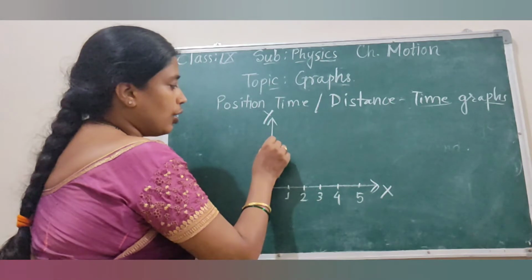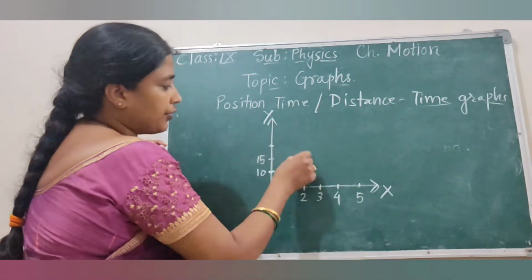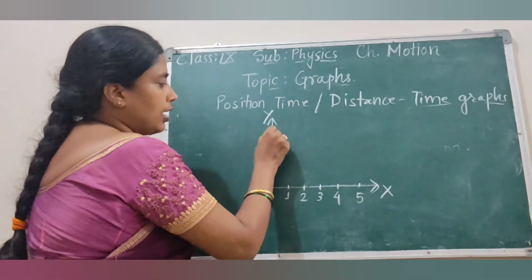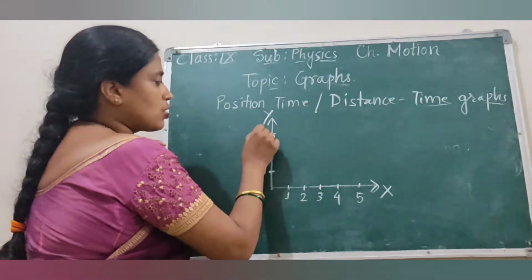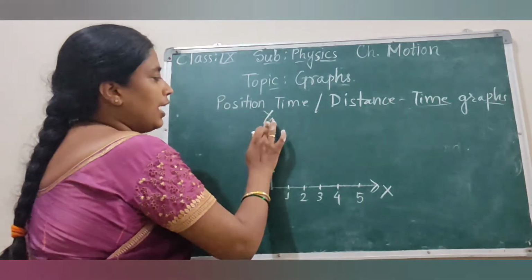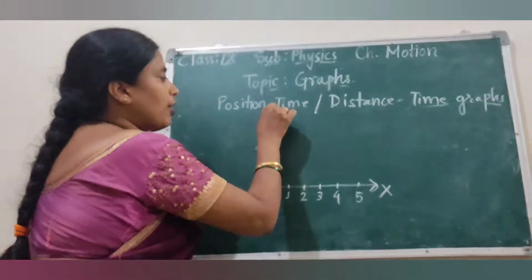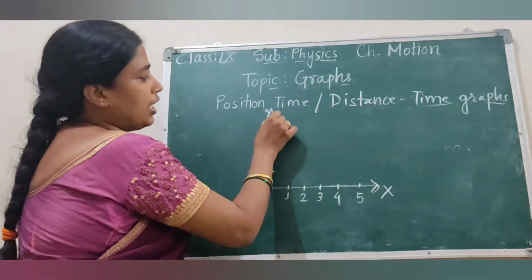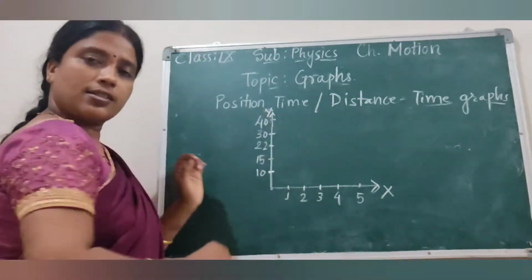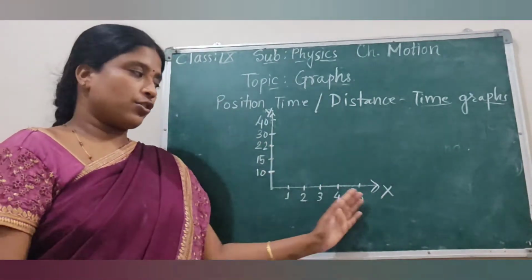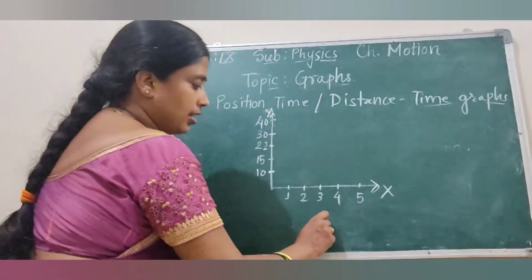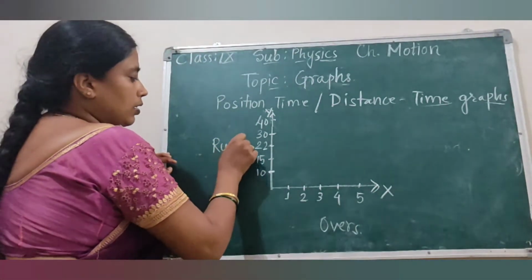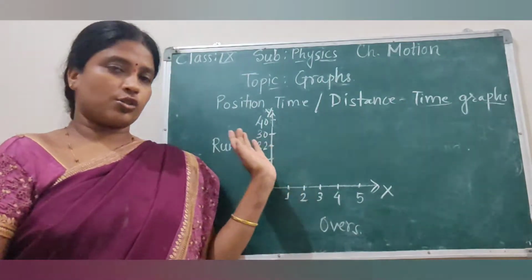After 3 overs the score was, let us say, 22. After 4 overs, let us say the score was 30, and after 5 overs the score of the team was 40 runs. So on the x-axis these are the overs, and on the y-axis, runs scored.